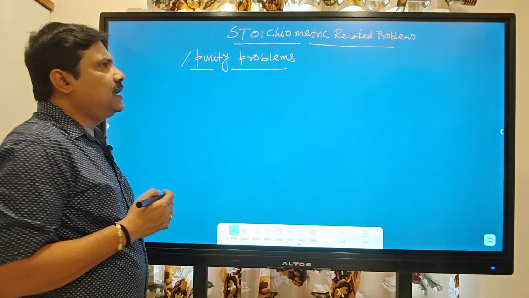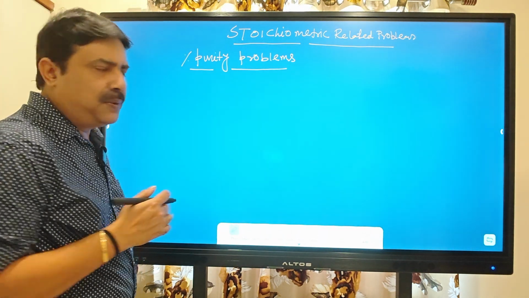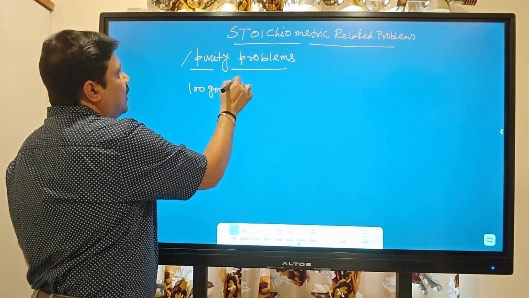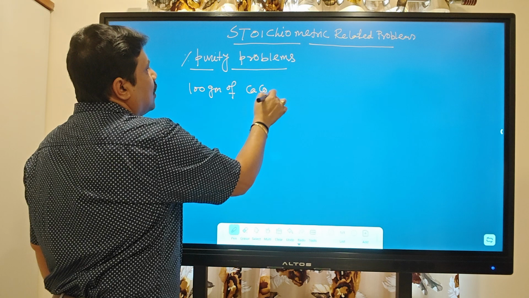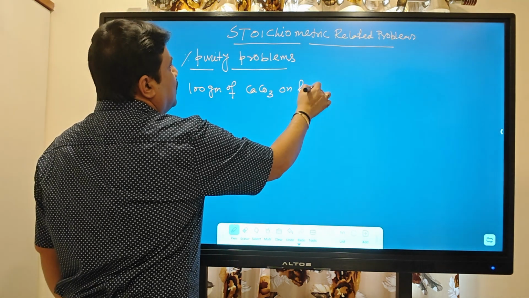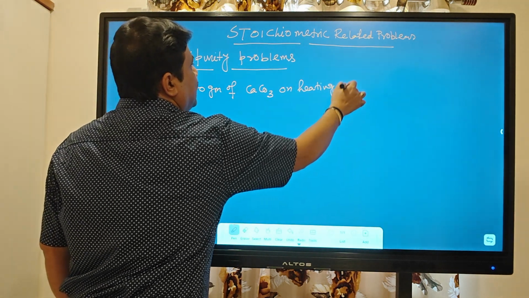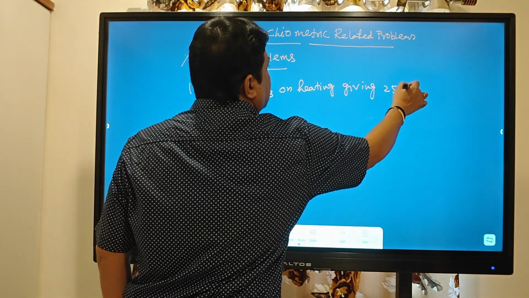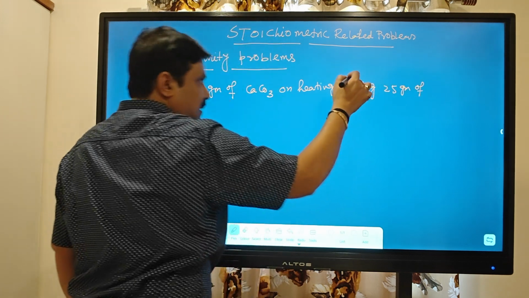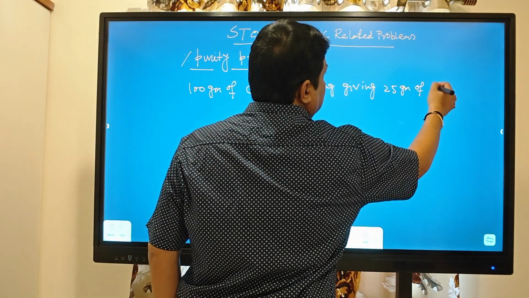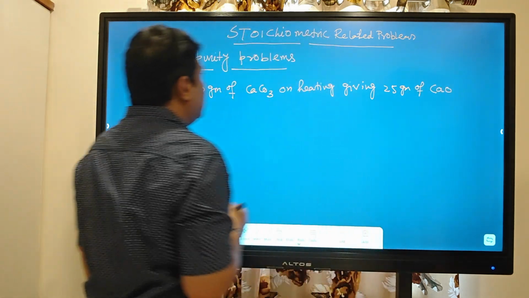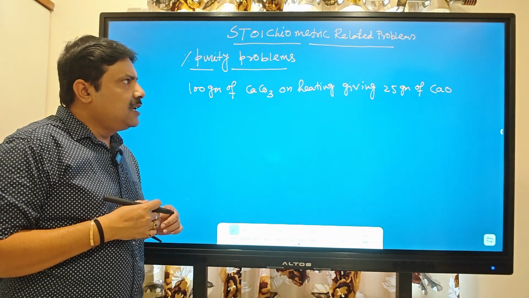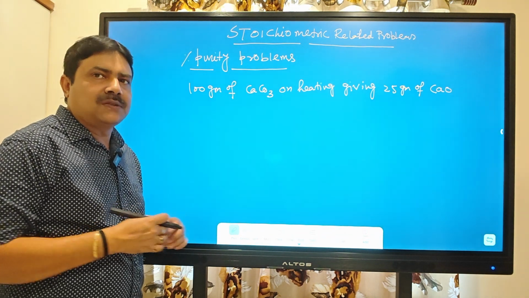Now, first a small example. Suppose I give you 100 gram of calcium carbonate which on heating gives 25 gram of calcium oxide.